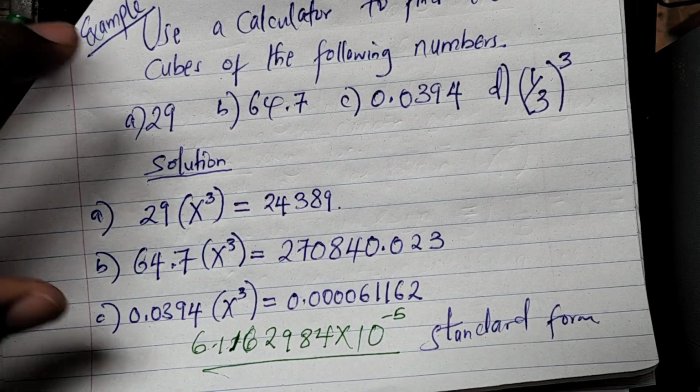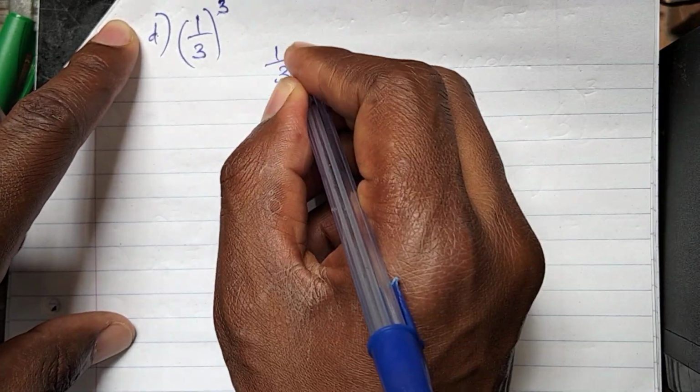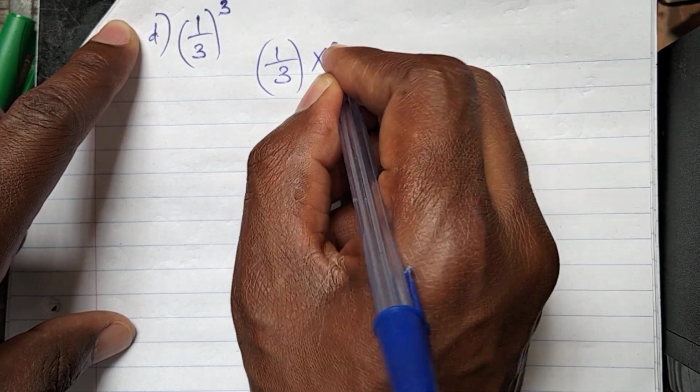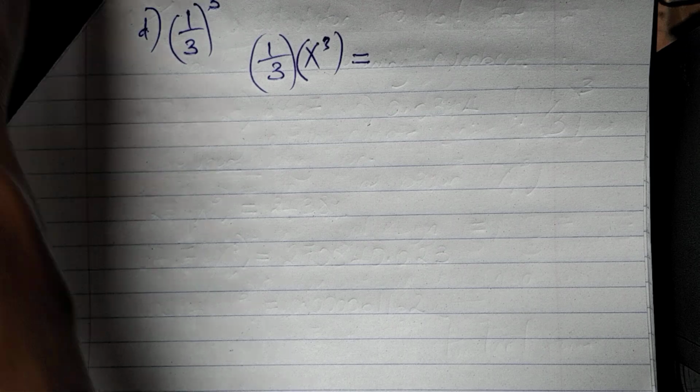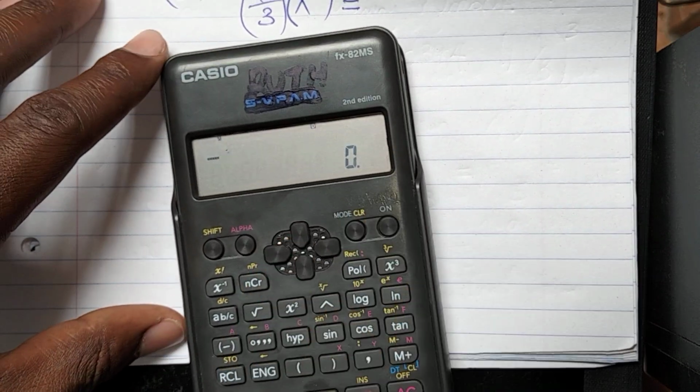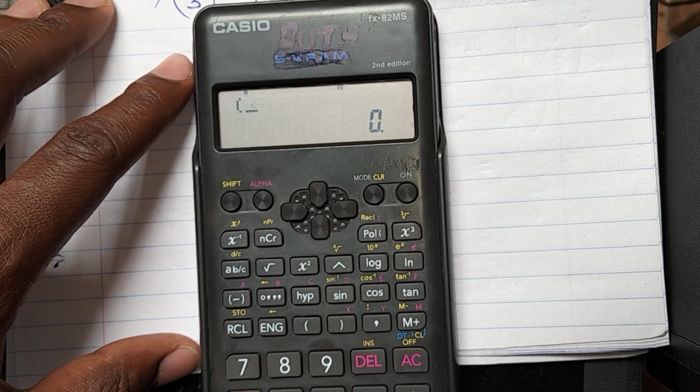Then we press this button of cubic, then is equals. It's good we use the brackets properly. We can say brackets 1/3, close the brackets, cubic is equals to 1/27. So that is it.